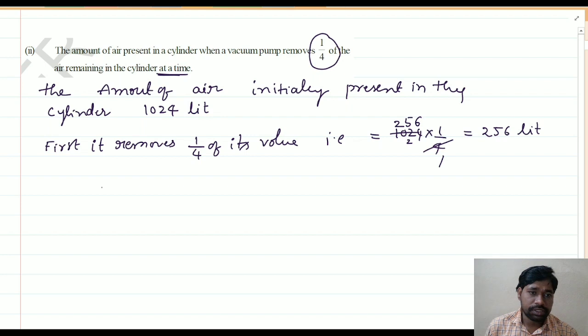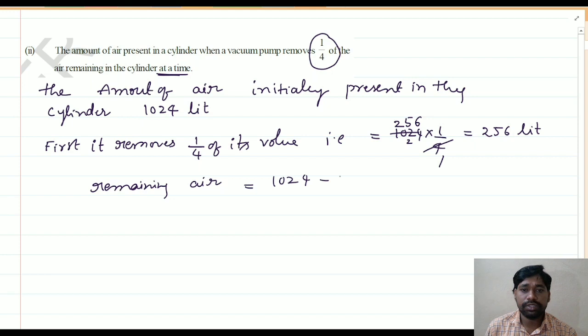Remaining air present is equal to 1024 minus 256.